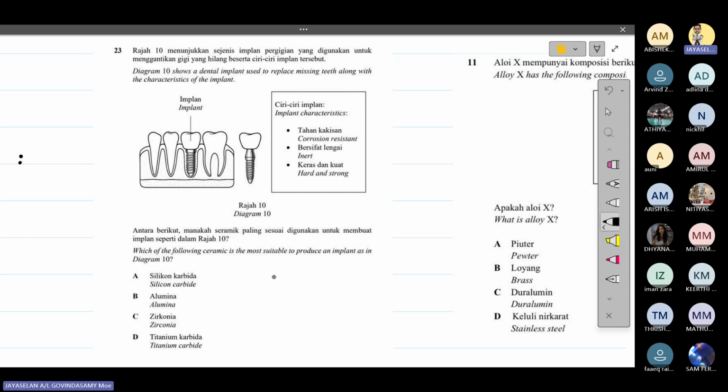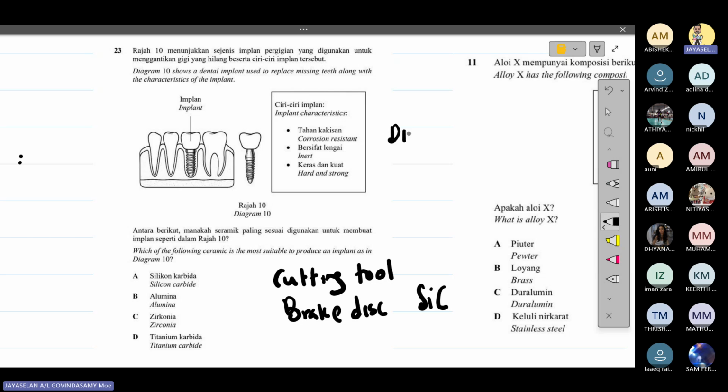Okay, and please remember this one. If let's say they put cutting tool, that means the one cutting this, or they put brake disc, when they put cutting tool or brake disc, your answer is silicon carbide. Okay, if they put diamond cutting, diamond cutting will be WC, tungsten carbide.